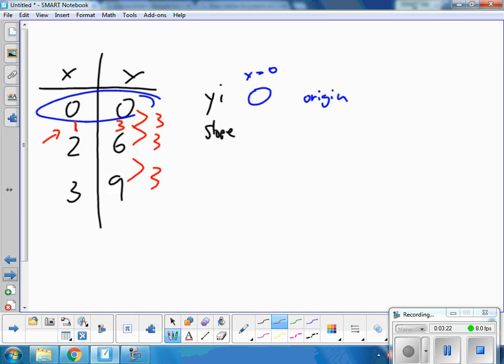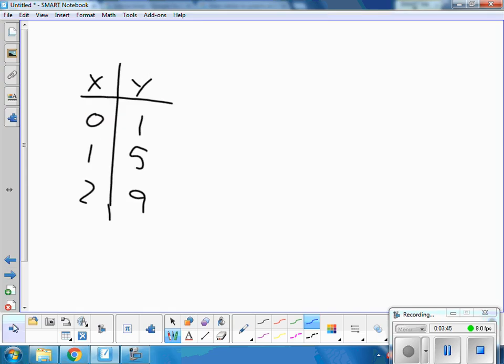My slope is 3. So my equation is going to be y equals 3x, and then my y-intercept is really plus 0, but I'm not going to include that in there. So it ends up being y equals 3x. Again, I'll come back to this one to try the ratio of rise to run, because I want you to see how that plays out in that one.